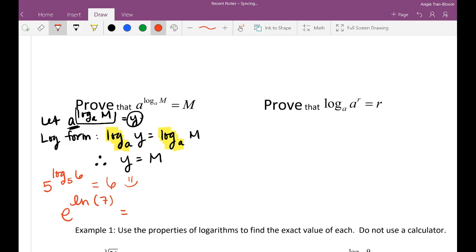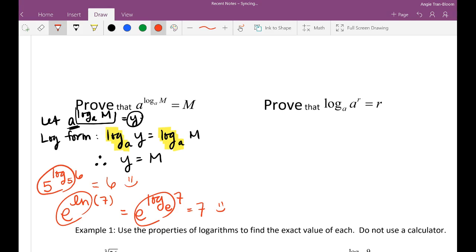What is my answer? e to the ln of 7 is the same as e to the log base e of 7. So guess what? The answer is 7. Okay, so from now on, if you understand these, these are the quick ways we can get answers.